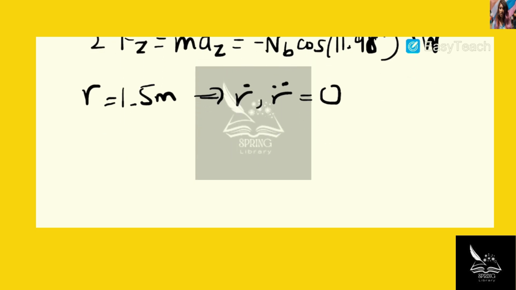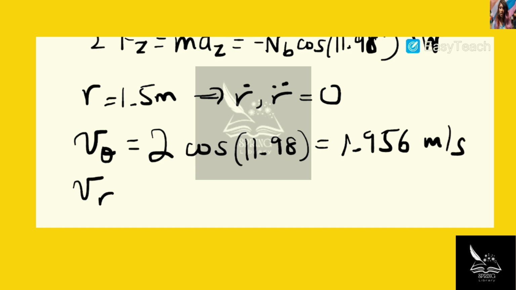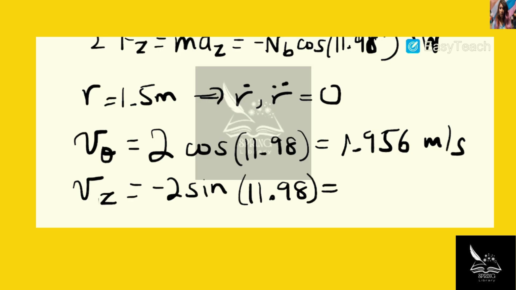Next, we can solve for v theta, which is equal to our speed times cosine 11.98, and this gives us 1.956 meters per second. We can also solve for our v_z, which is equal to negative sine 11.98 degrees times the speed, and that gives us negative 0.4152 meters per second.